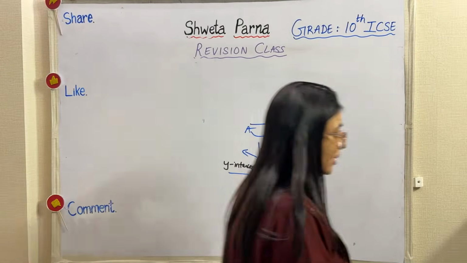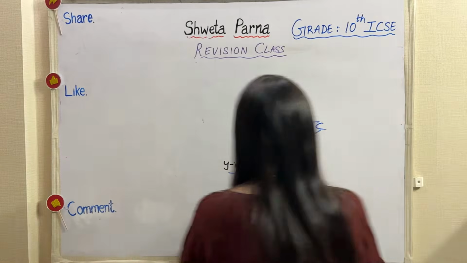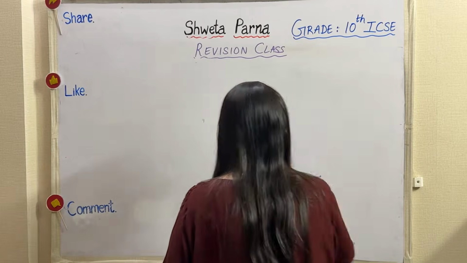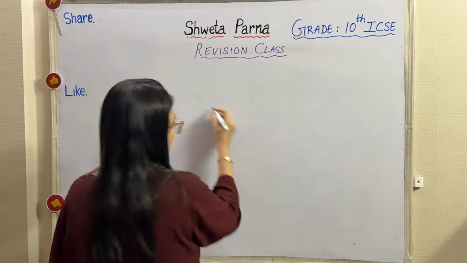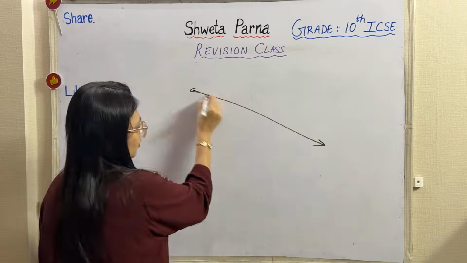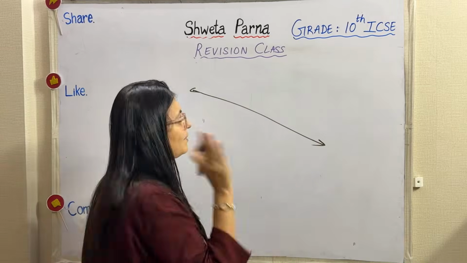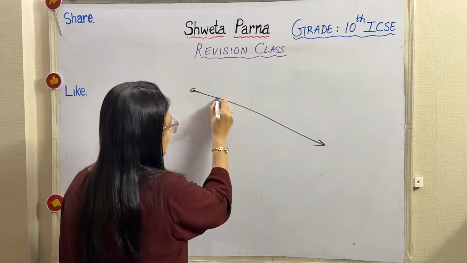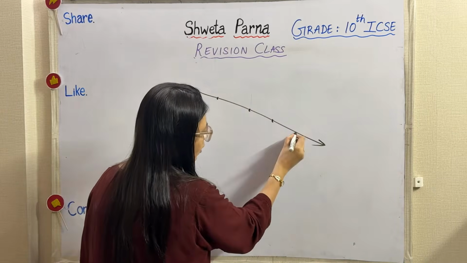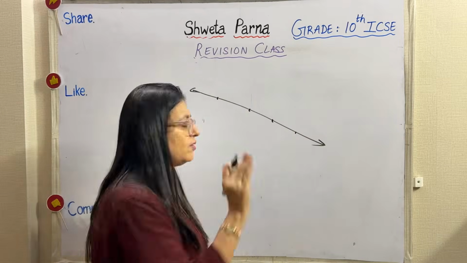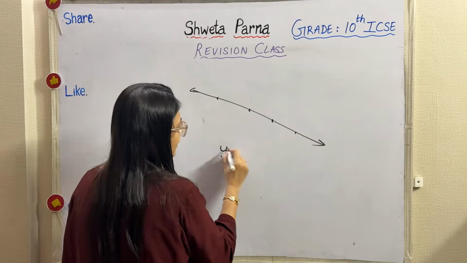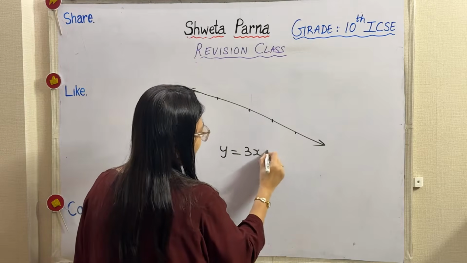Then comes one most important thing, children. Now generally what happens is in question, whenever you get points, you get confused. So remember one thing. If a line is drawn, okay, and the equation of this line is given to you, whichever points lie on this line, they will follow the same equation. Say for example, y is equal to 3x plus 5.